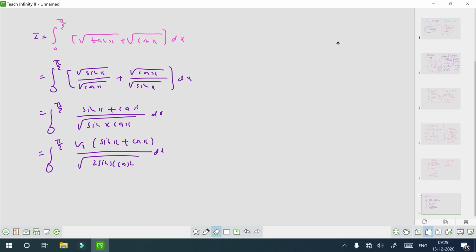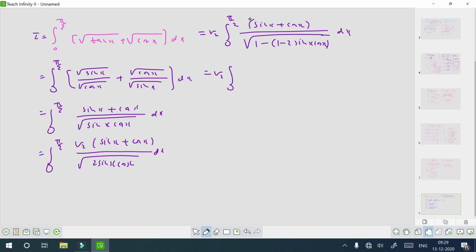See here. Root 2, take it outside, 0 to pi by 2. Can I write here 1 minus 2 sin x into cos x? Yes, we can write it. Numerator sin x plus cos x. Clear? Now see, what do we have to do? That is equal to root 2, 0 to pi by 2.